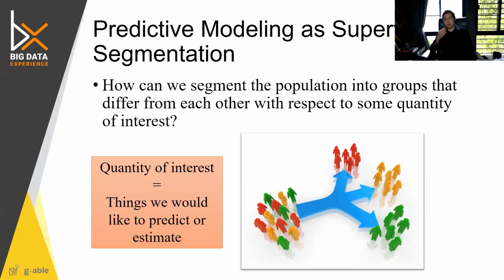You might want to separate devices into the devices that might have problems and the devices that still work fine. So the process of segmentation allows you to divide individuals into groups of the quantity of interest, the thing that you want to predict.